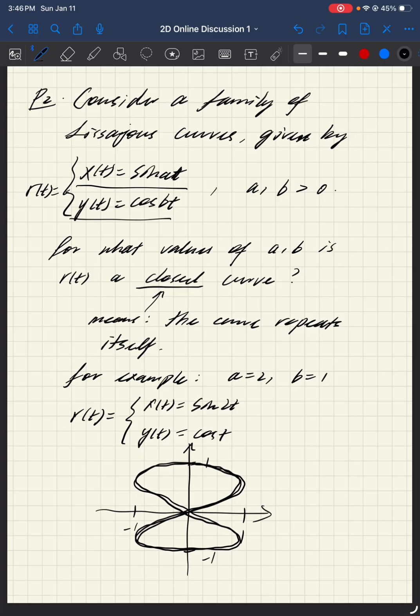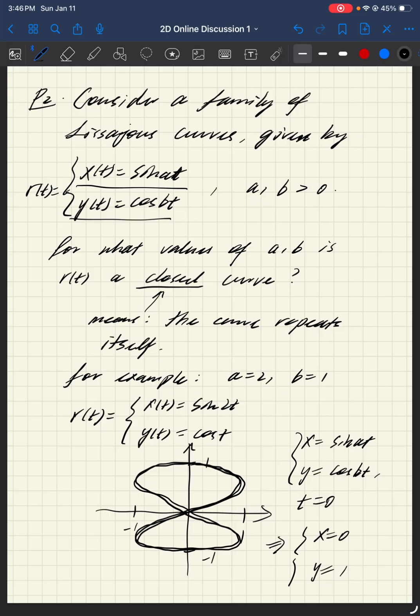Right, so how do we approach this problem? So notice that for any a and b, since x is given by sine of at and y is cosine of bt, at t equals 0, we have x is sine of 0, which is 0, and y is cosine of 0, which is 1.